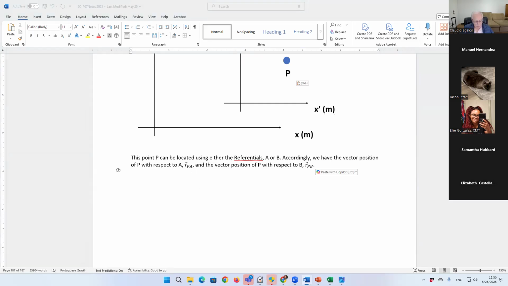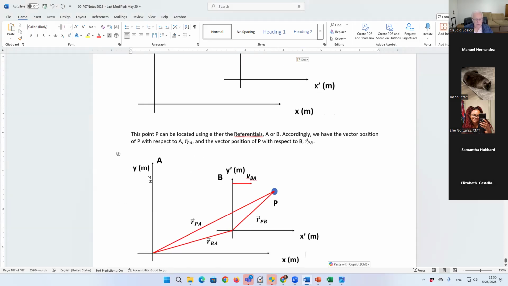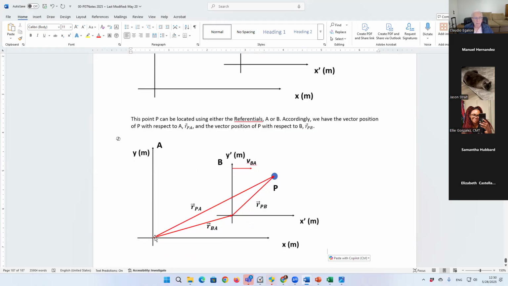Here in this figure, with respect to referential A, we have this position vector that goes from the origin of A to the point P. And we also have this position vector from the origin of referential B to the point P. On top of that, we can also locate the origin of referential B with respect to A, and that's what this vector is all about.